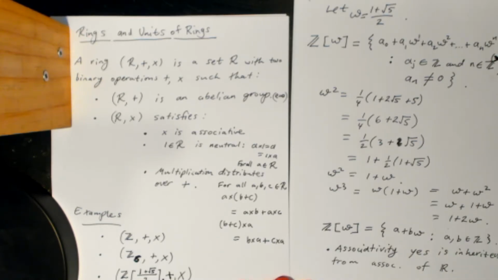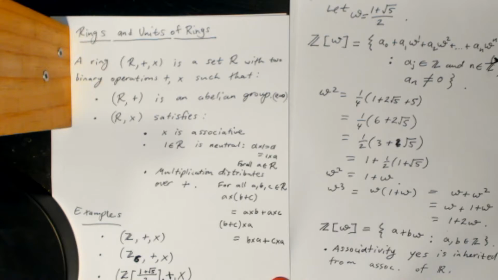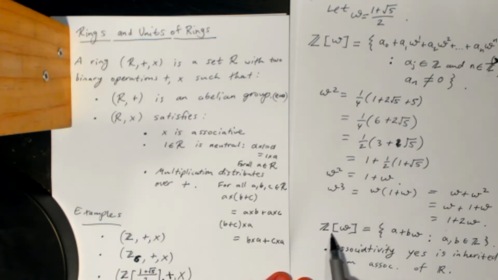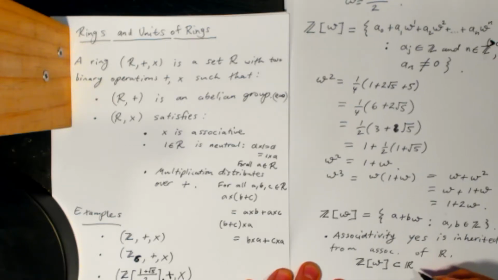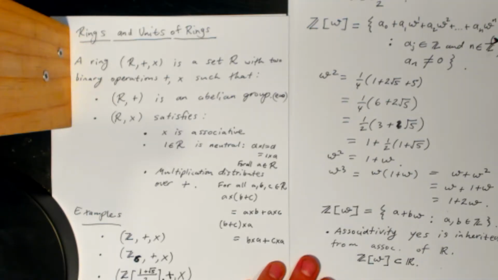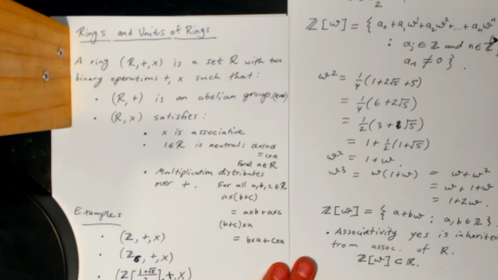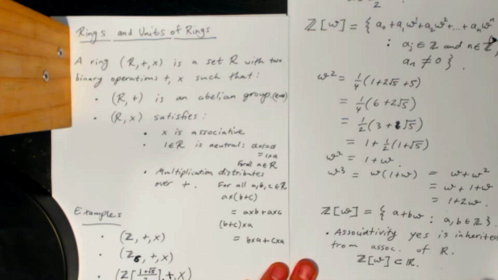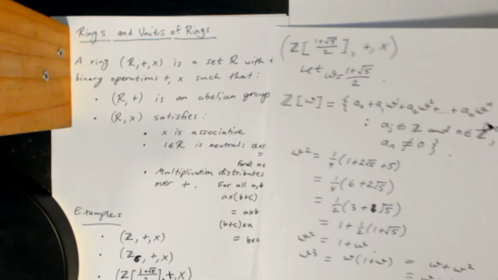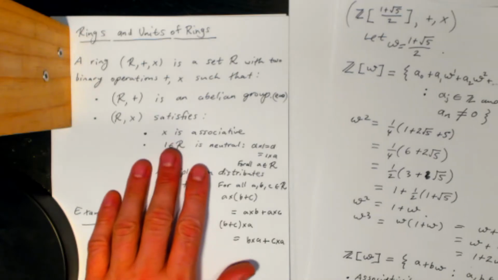We know that the real numbers have an associative structure, and these are in fact real numbers, so this is a subset of the real numbers. And it's a proper subset, so I don't put a line under that. So we have associativity. Now let's move on and discuss the other axioms that we need.